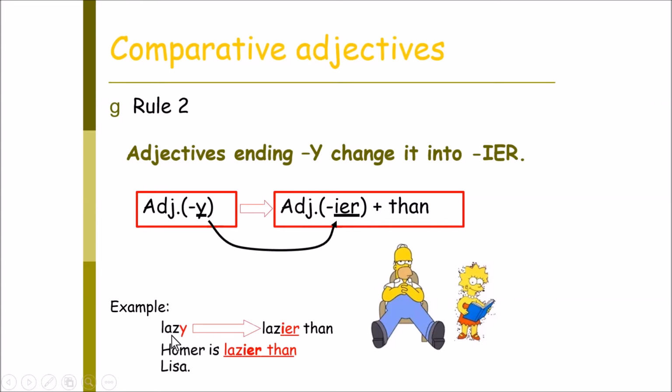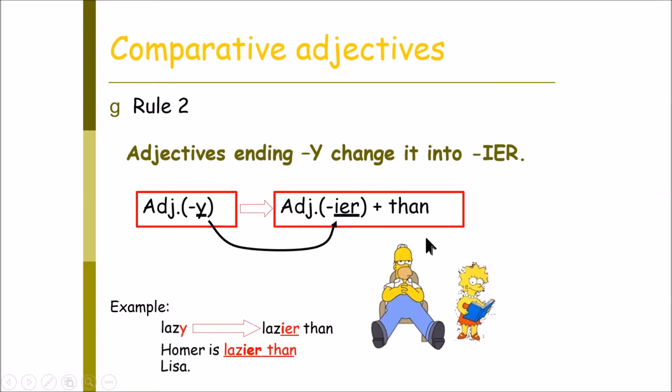Lazy is an adjective that ends in y. So as the rule says, you have to change the letter y into an i and then add er and the word than. So the example: Homer is lazier than Lisa. So this is a clear example of this adjective. Homer is lazier than Lisa, who is studying.